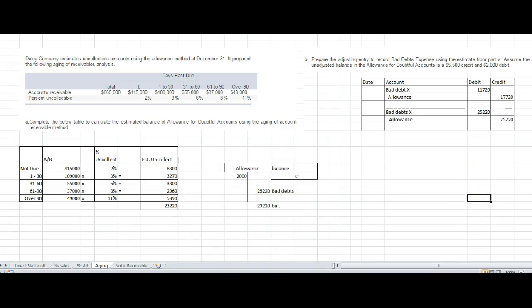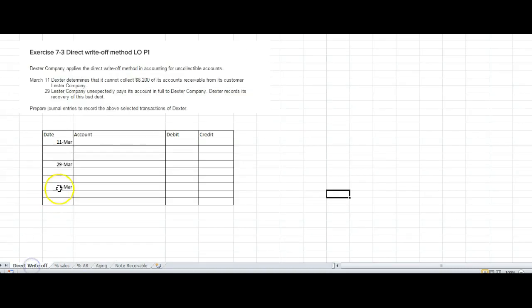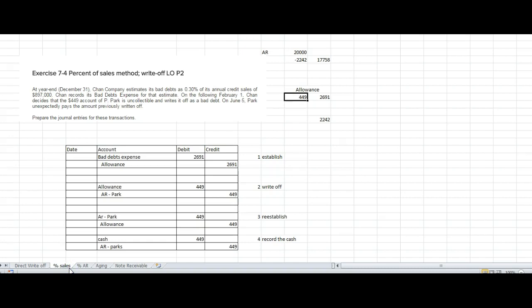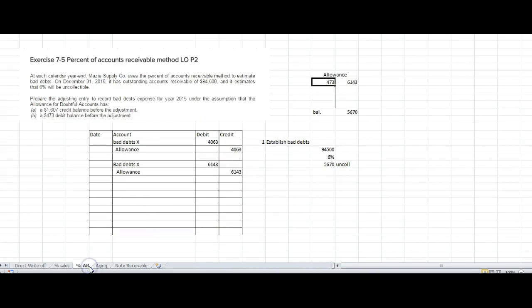A direct write-off is just simply that. You directly write it off. The percent of sales, again, is whatever my percent is what my bad debts is. When I look at the percent of accounts receivable in its entirety, then I've got to adjust that bad debts to match whatever I have in the allowance to begin with.